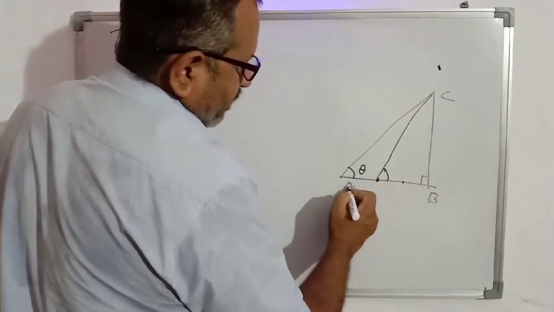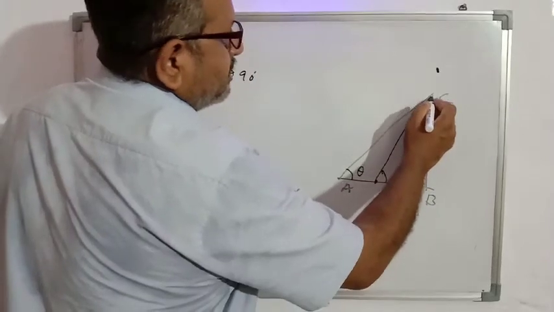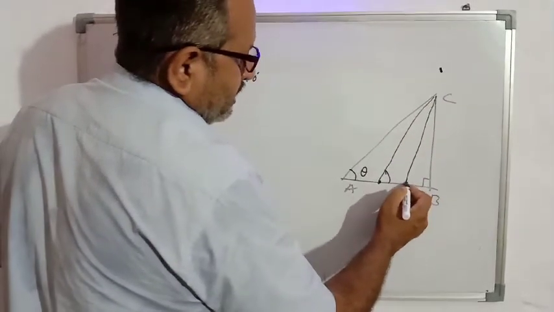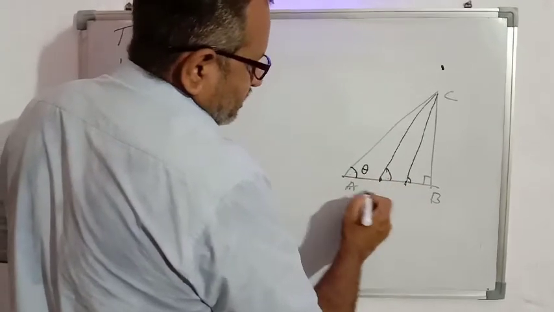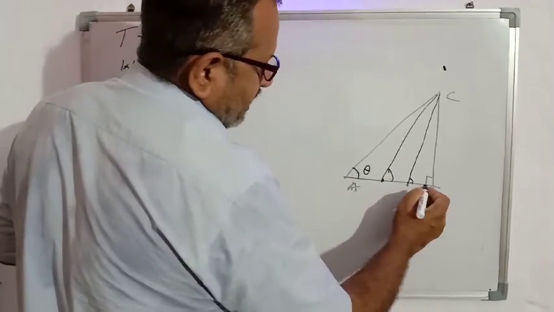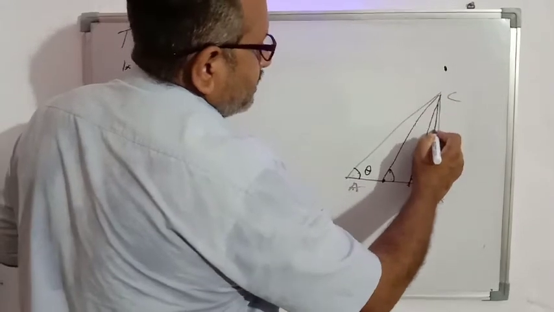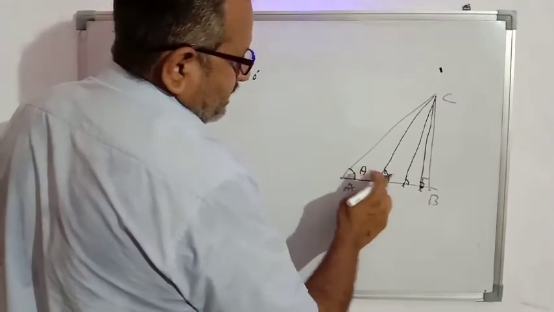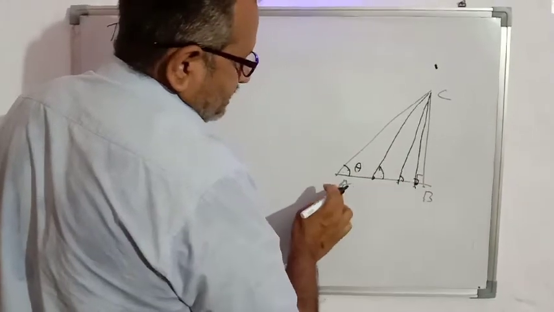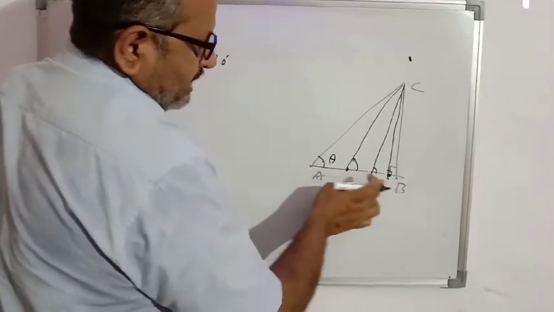Suppose point A comes to this point, then join with C. This angle is again greater than both the angles. Suppose A is very close to B. Suppose A is here. Then this value will be theta. It is again greater than all these three angles. So as A moves towards B, theta increases.